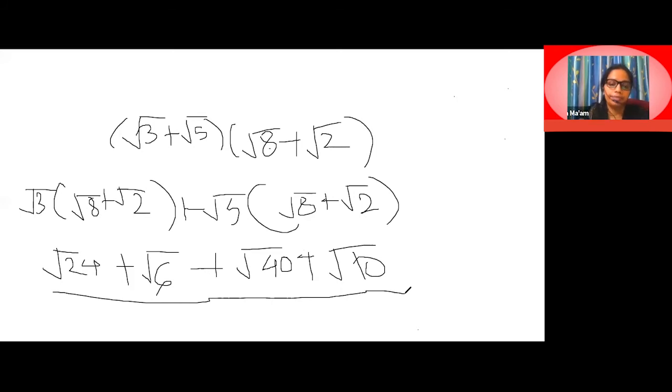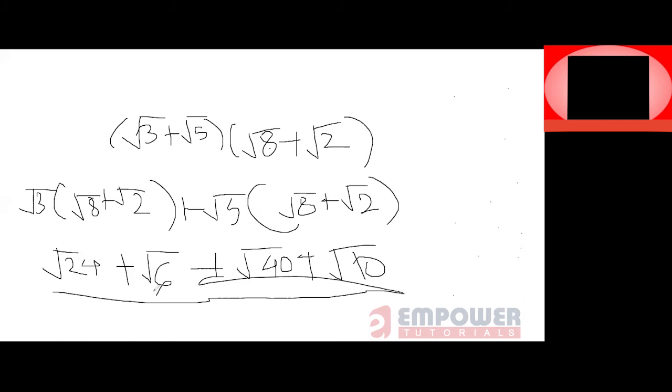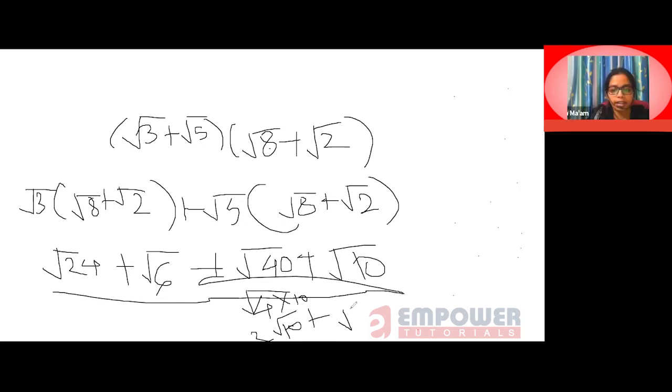Now can I add these numbers? No, ma'am. Why not? If you see this number, can I write it in the form 4 into 10? Yes, ma'am. So it will be 2 into root 10 plus root 10. Now can I add these two numbers?